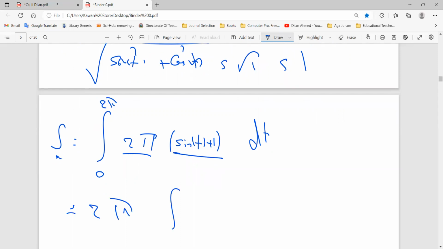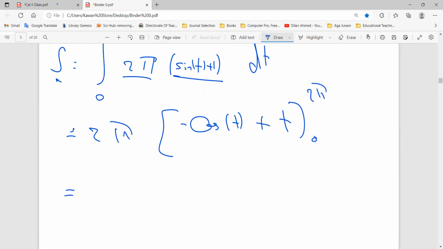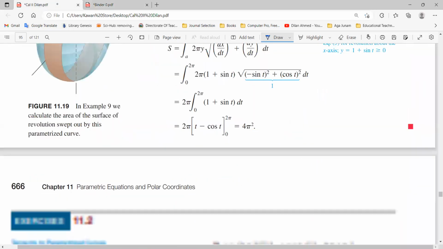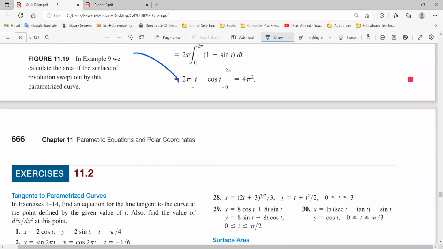It remains the integral of sine t plus 1 from 0 to 2 pi. And you'll get the result. So it's equal to 4 pi squared.